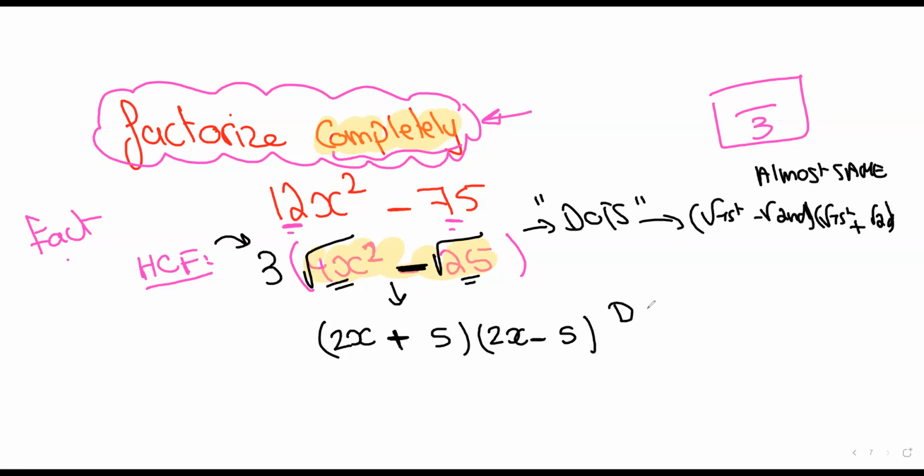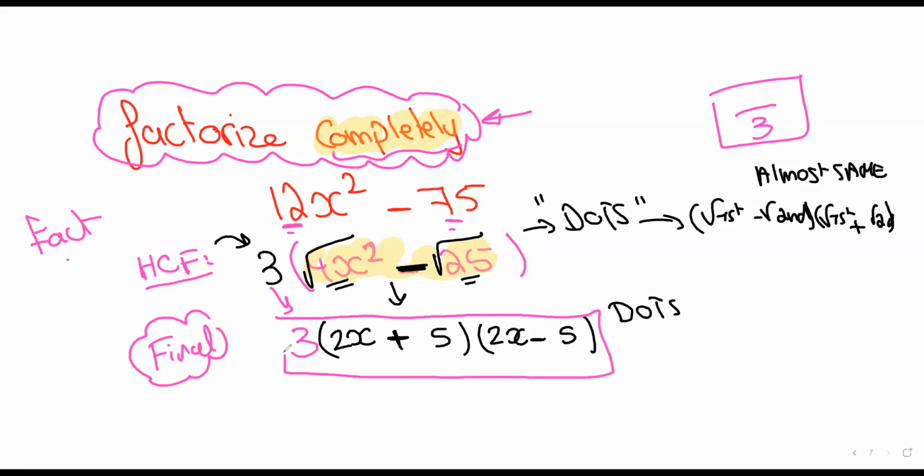So this is the DOTS factorization. But the question is, is this the final answer? No. When you write the final answer, you must make sure that you rewrite the 3 before your second factorization.